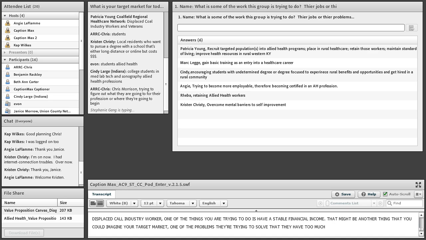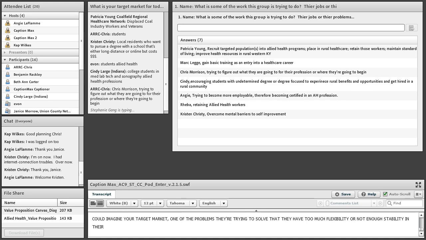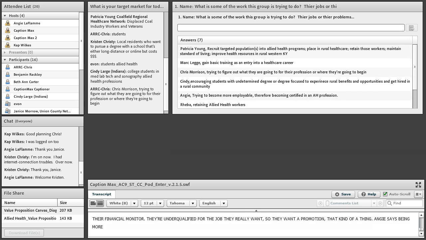One of the problems they're trying to solve is that they've got not enough stability in their financial lives, or they're underqualified for the job that they really want, so they want a promotion, that kind of thing.